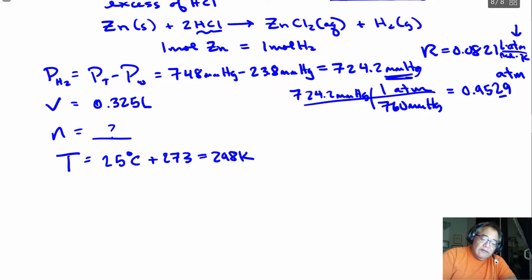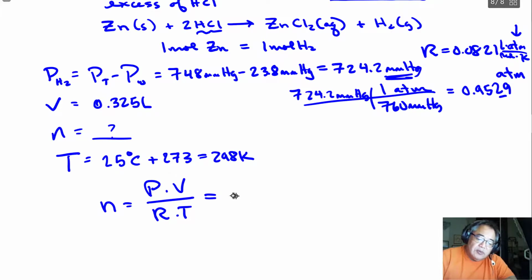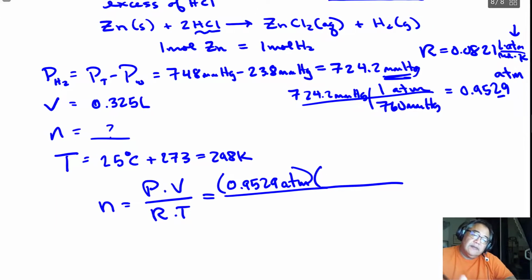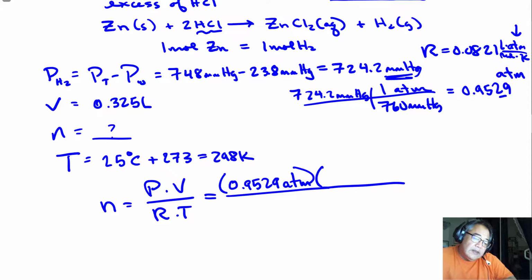I know from previous problems that N is going to be equal to P times V over R times T, and I'll plug those numbers in. So pressure is 0.9529 atmospheres. V is going to be 0.325 liters. Again, that's a conversion.